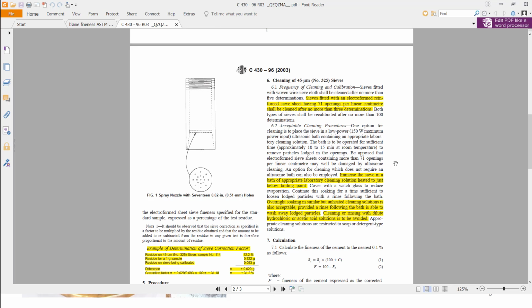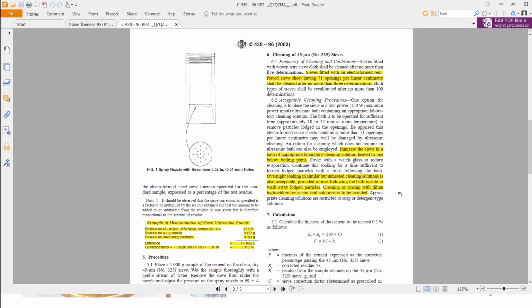You must clean it before use. Then you will find the fineness of a standard specimen with a known fineness using that sieve number 325.